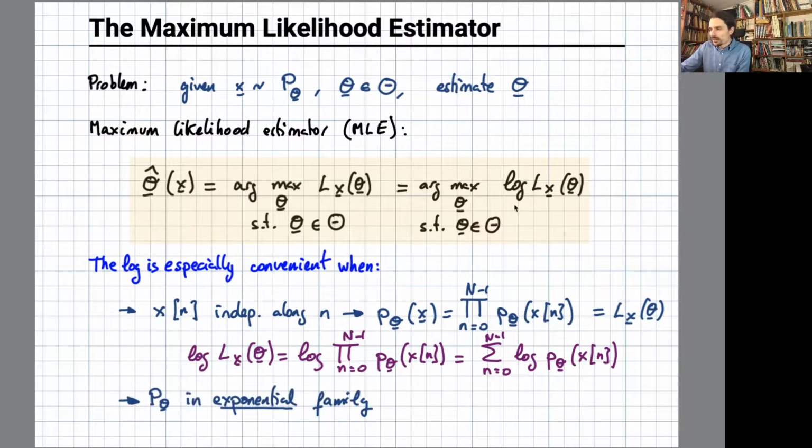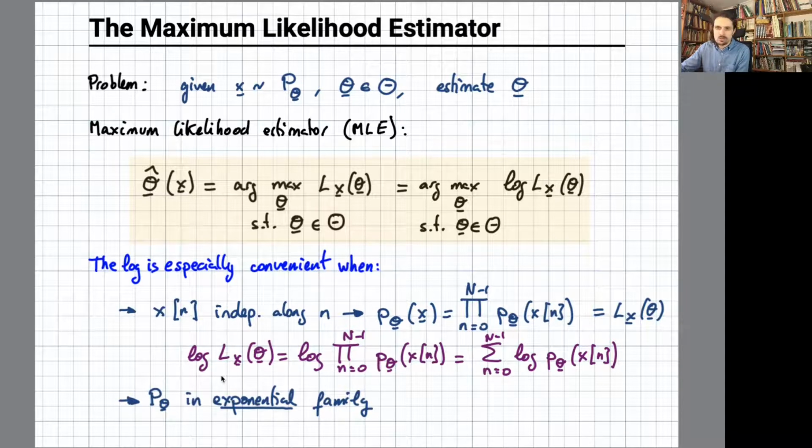On the other hand, the logarithm also simplifies the optimization process when the data adheres to a distribution that is in the so-called exponential family. The exponential family is a family of distributions that contains most of the common distributions, such as Gaussian, exponential, Bernoulli, Poisson, and all those distributions are in the exponential family.